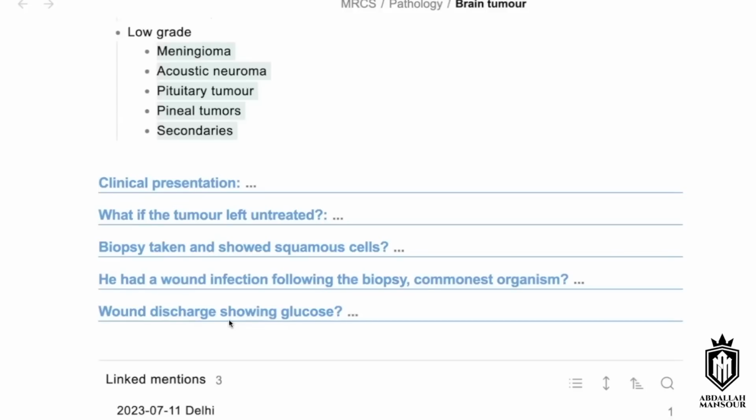Some might present with seizures and neurological signs like lower limb weakness due to a space-occupying lesion. Due to raised intracranial pressure, there will be signs like vomiting, early morning headaches, and nerve palsies. They might have papilledema due to raised intracranial pressure, or ineffective lateral gaze due to abducens nerve injury.